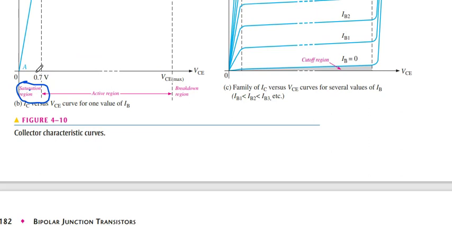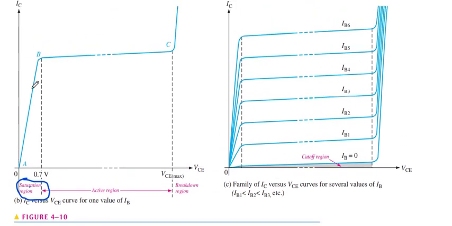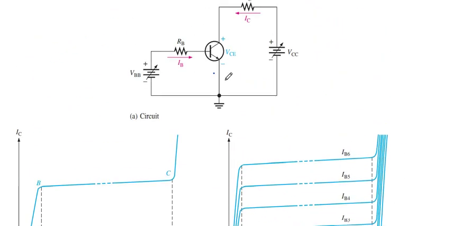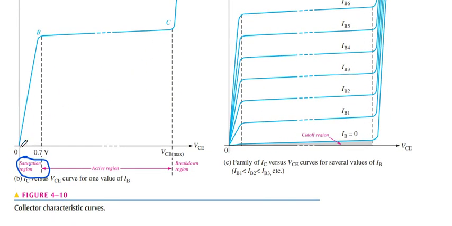In the saturation region, the base emitter voltage is forward bias. On the other hand, the base collector voltage is also forward bias. So we do not operate a transistor in this region.